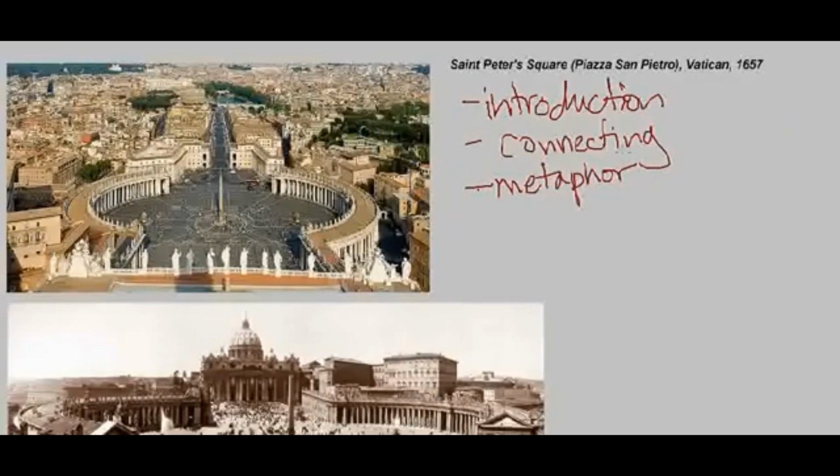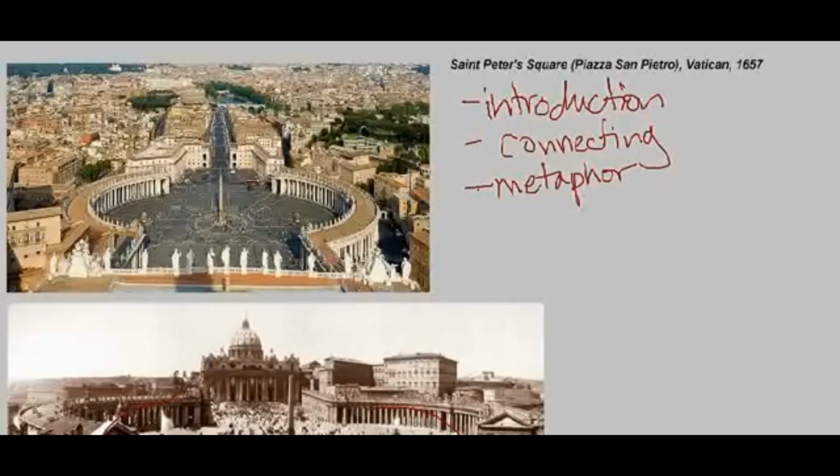Metaphor. So how exactly is that a metaphor? The Catholic Church at this time wanted to draw converts, draw non-believers into the fold of the church. These colonnades are often called the welcoming or embracing arms of the church. Physically, they frame this piazza space. You can see how they do that here and here.